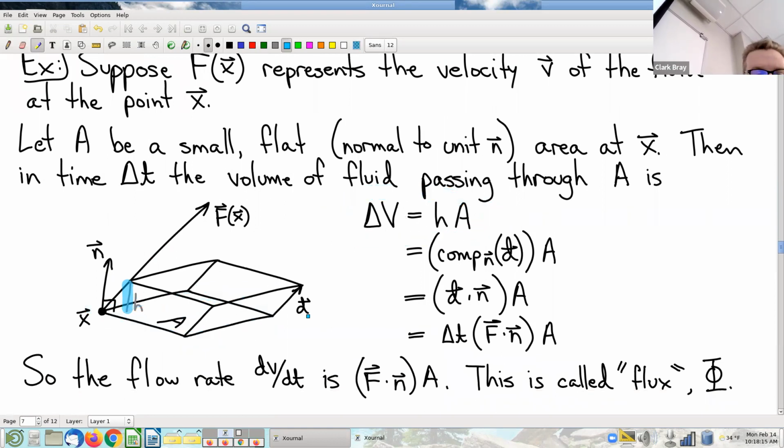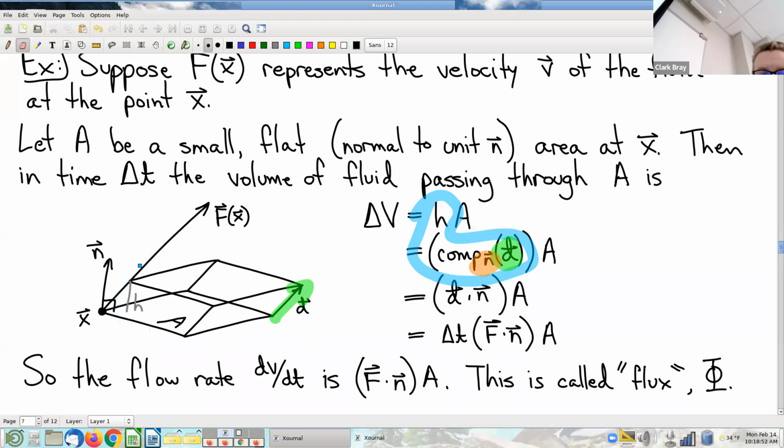That height is the component of that vector d in the direction perpendicular. I don't really care how much the fluid is flowing along the area. I'm only interested in the amount that the fluid is flowing through the area, so it's only the height there that we're interested in.